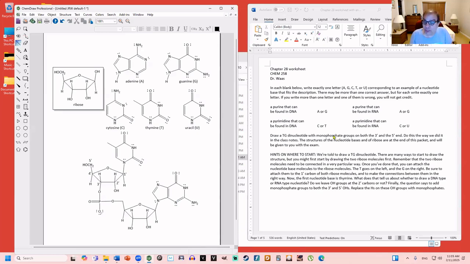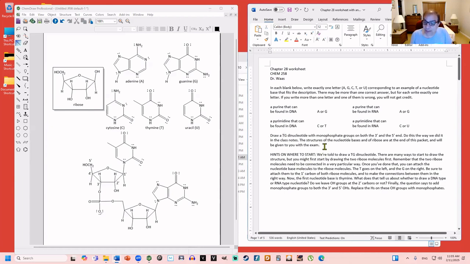The question also does not say whether to draw a DNA type nucleotide or an RNA type nucleotide. That's because there's enough information to tell us what we should do. We're drawing a dinucleotide that involves thymine. And as we said, thymine is only found in DNA, not in RNA.